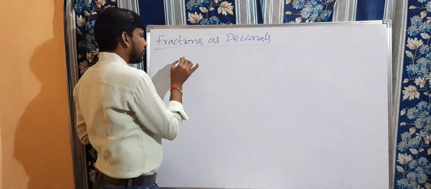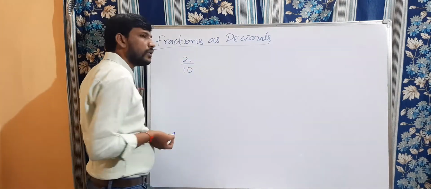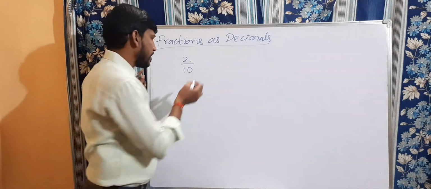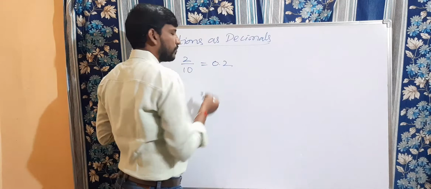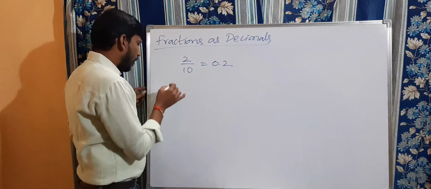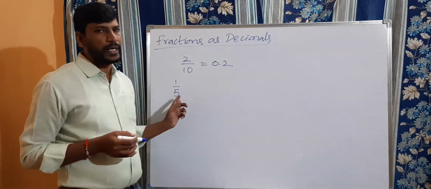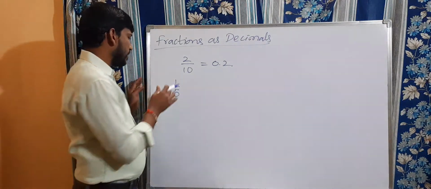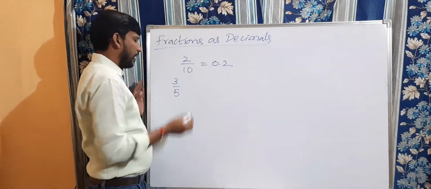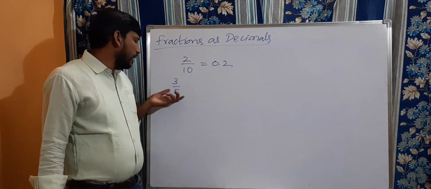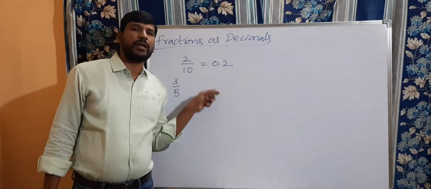Suppose 2 by 10. This is nothing but 2/10 parts, which is 0.2. Suppose I have 1 by 5, this is not a 1/10 part. Let us take 3 by 5. Now I want to convert this fraction into decimal form.